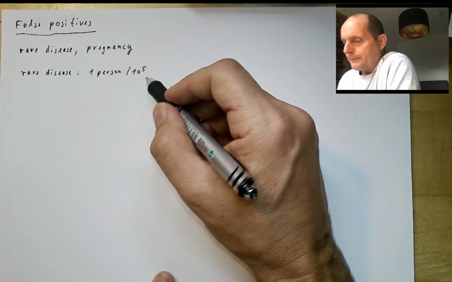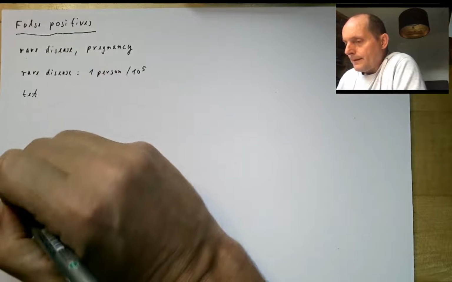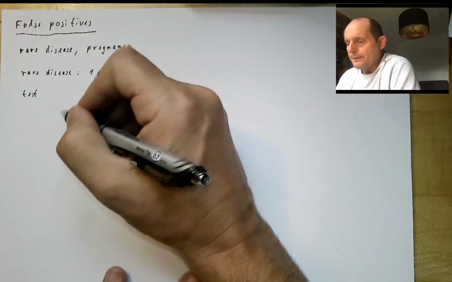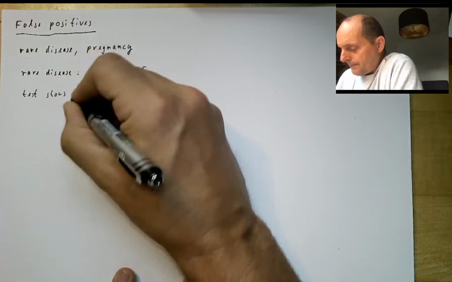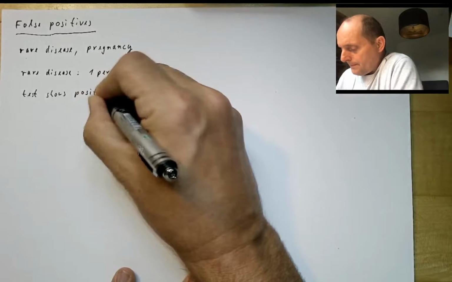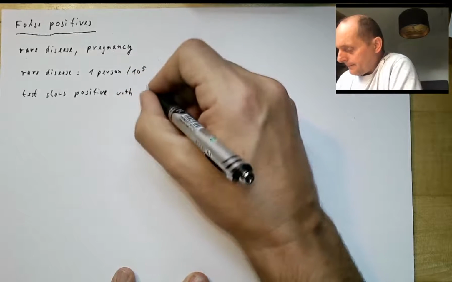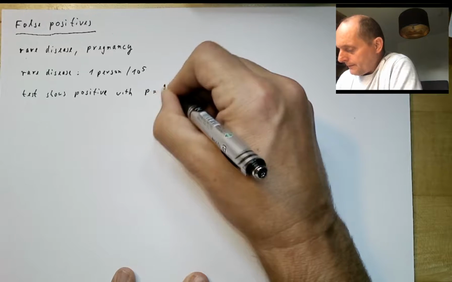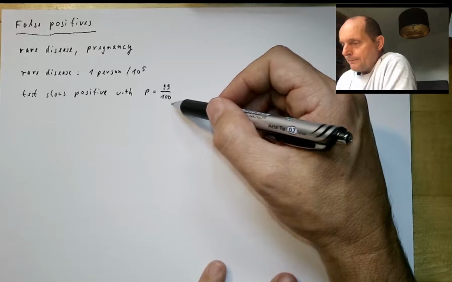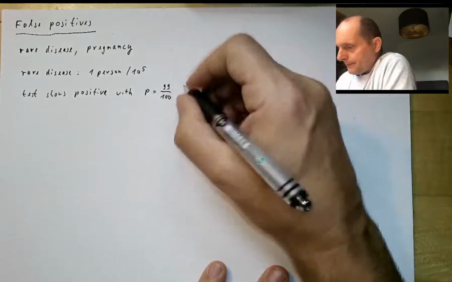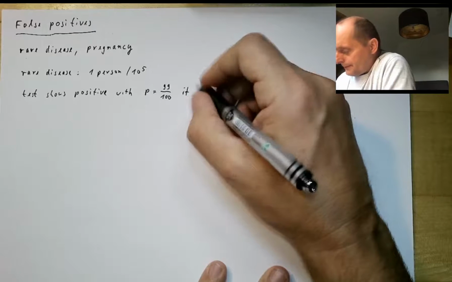Now we have a test, and the test is not 100% correct, as all tests, and the test shows positive with the probability P equals 99 over 100. So we have a 99% chance that the test is positive if the person is sick.